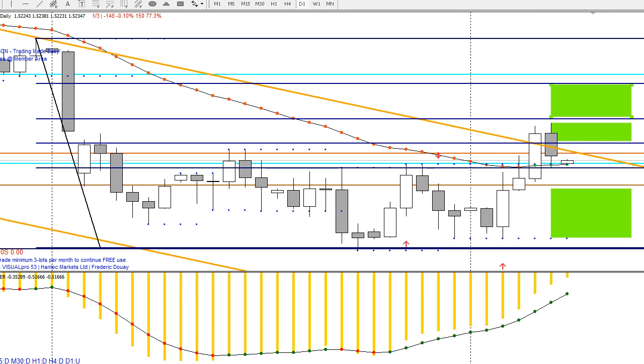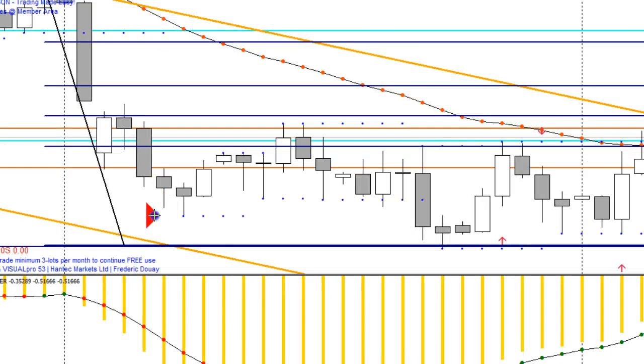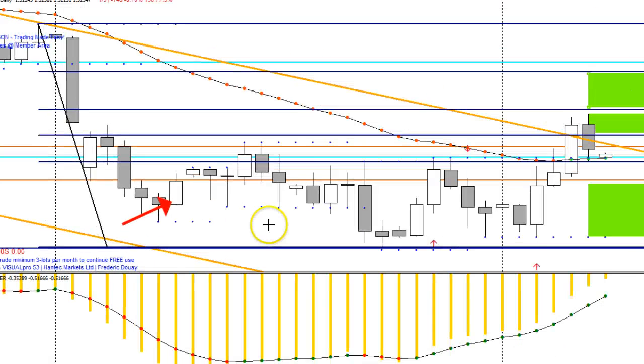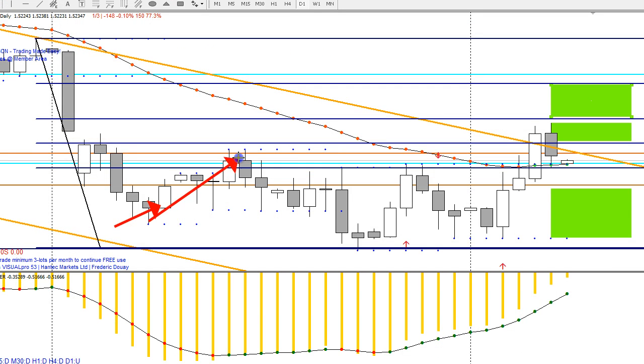When you see this type of configuration here, going up, going up, then right back down, you know that this is a consolidation pattern, and not really a trend.